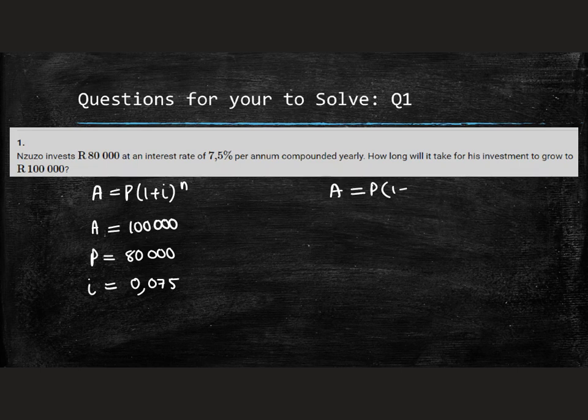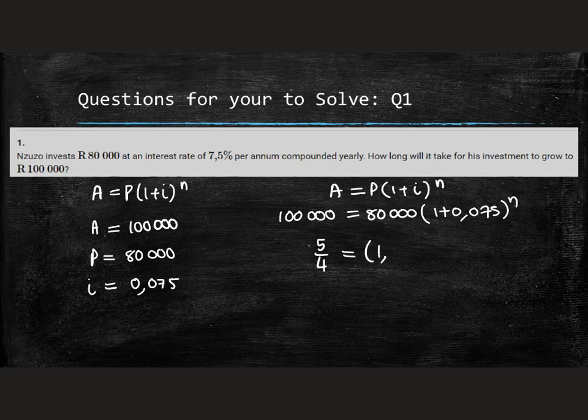A equals P, 1 plus i to the n. We'll put in the values: 100,000 equals 80,000 times 1 plus 0.075 to the power of n. If I take 100,000 and I divide it by 80,000, I'm left with a fraction of 5 over 4. In the brackets, I would have 1,075 to the power of n.